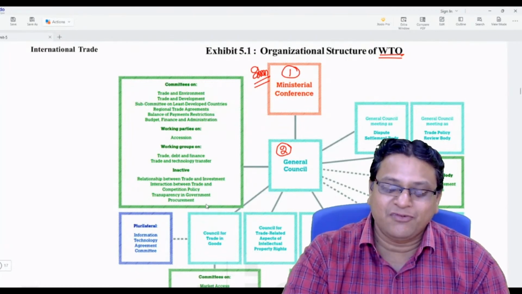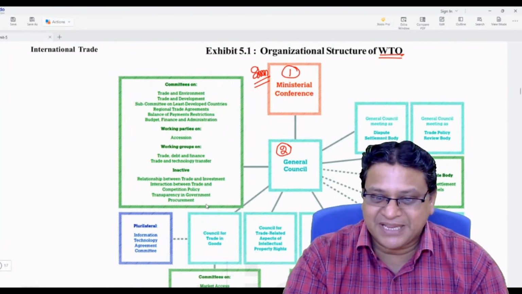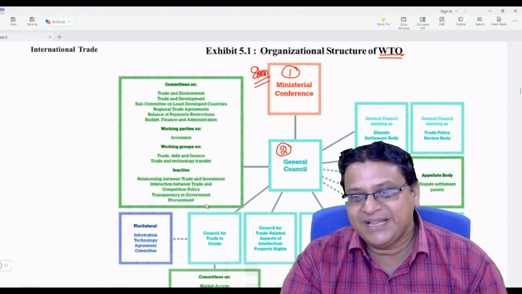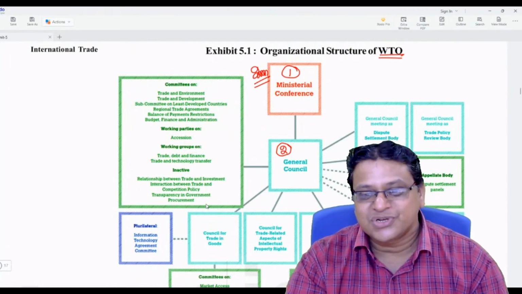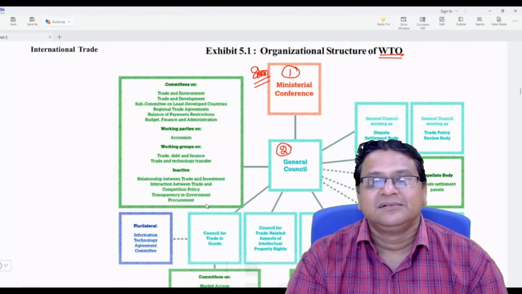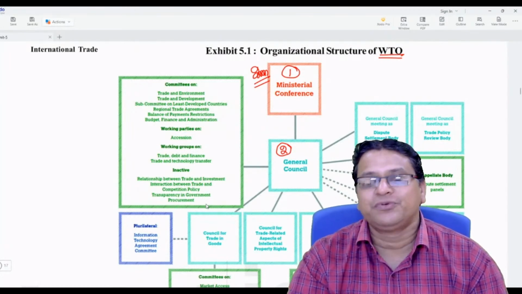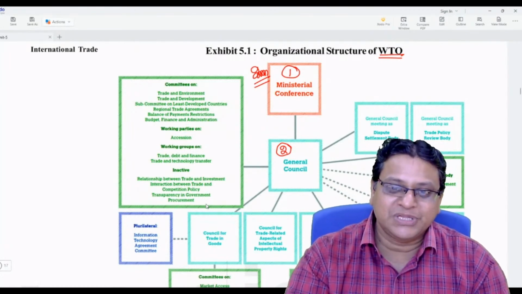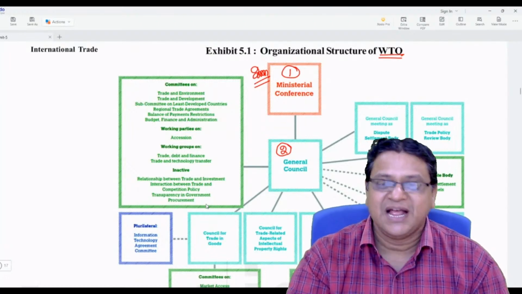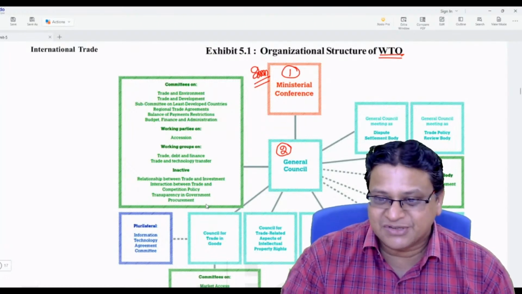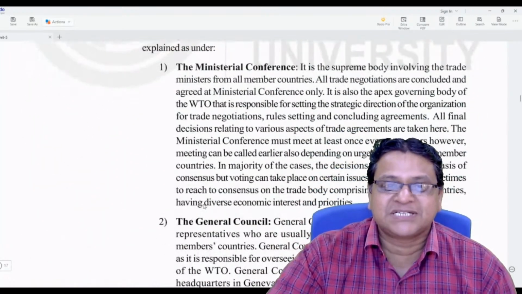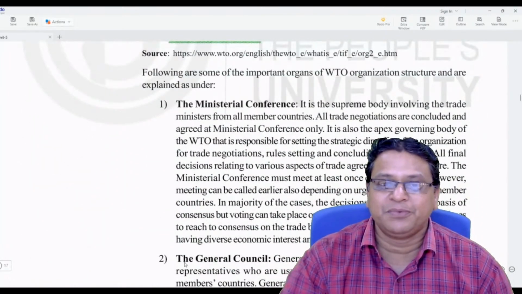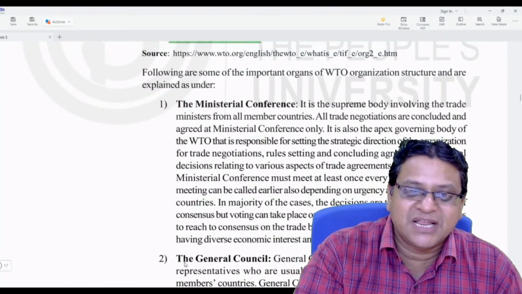So the ministerial conference is the highest decision making body, and the second one is the general council, and the general council controls all other structure of WTO. So there are two things: ministerial conference and general council. We will discuss the structure of WTO one by one. First in the structure of WTO is the ministerial conference.